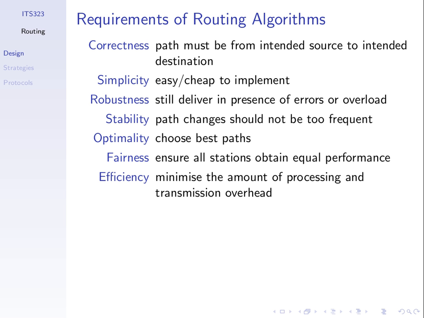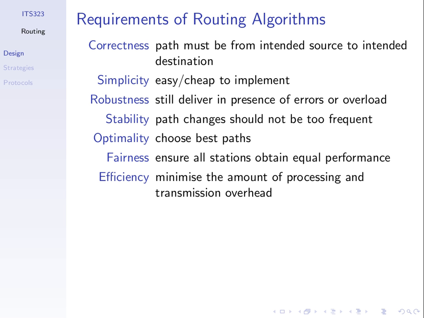Robustness suggests that we should change paths when we need, but we also want stable paths. We want to use the same path for as long as possible. Why? If we start sending our packets across different paths, then the delay for those packets may change, and maybe we even get reordering of packets at the destination. Changing delay and reordering of packets causes problems, especially for multimedia applications.